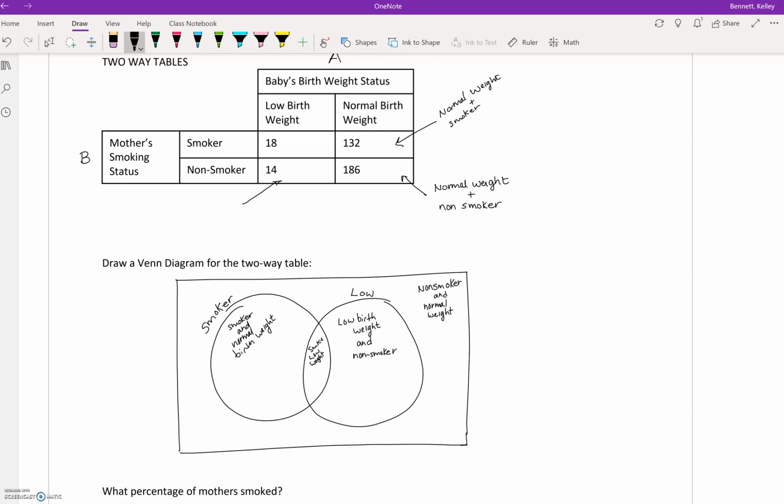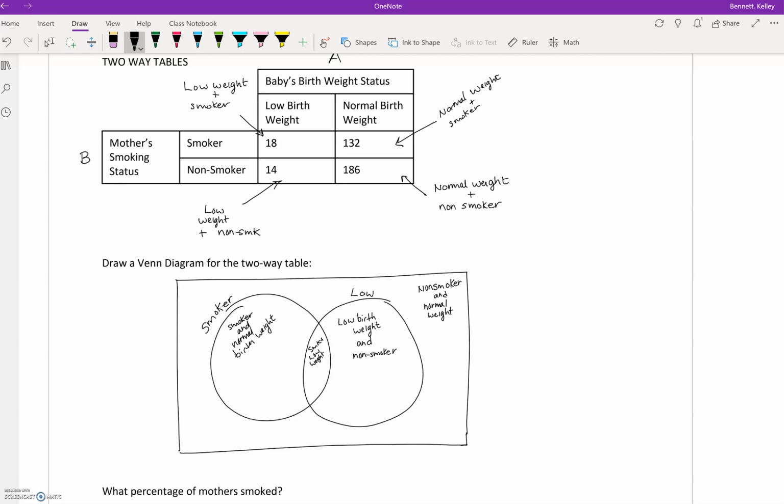So over here, we're going to have low weight, and if I look left, I'm going to see it's non-smoker. And then this last one over here is low weight plus smoker. So that's how you read a 2-way table.